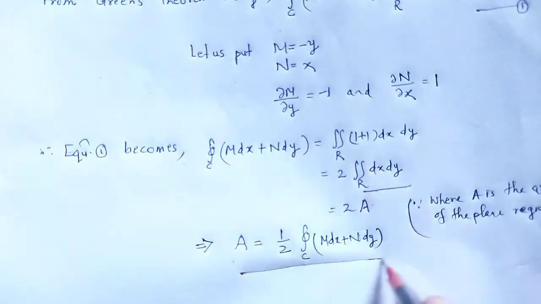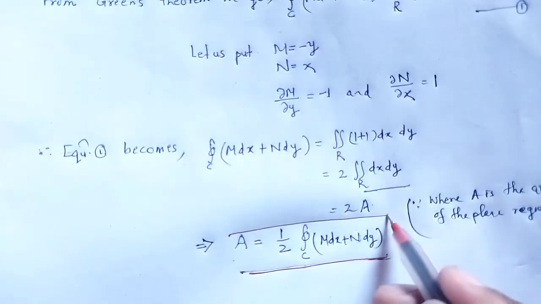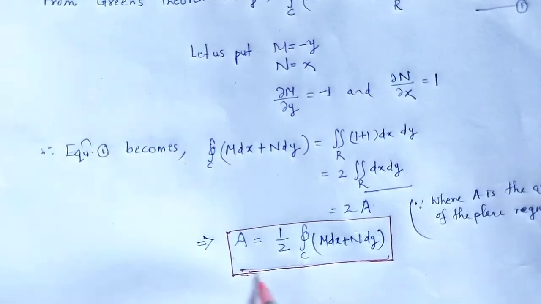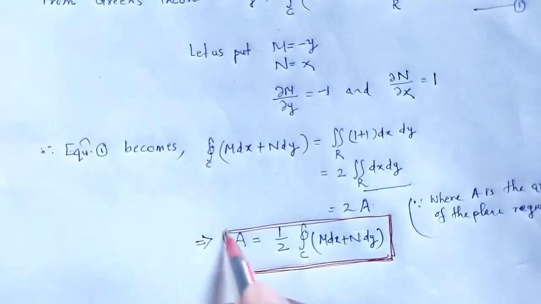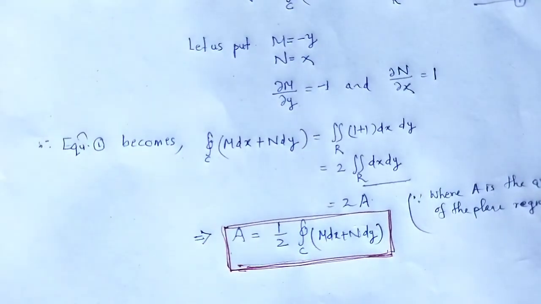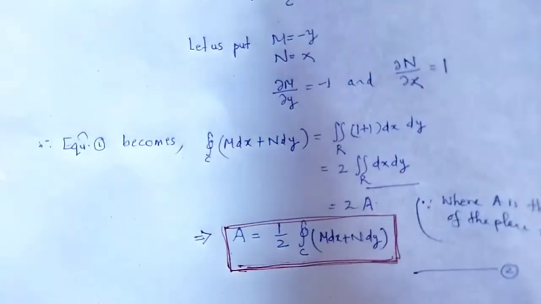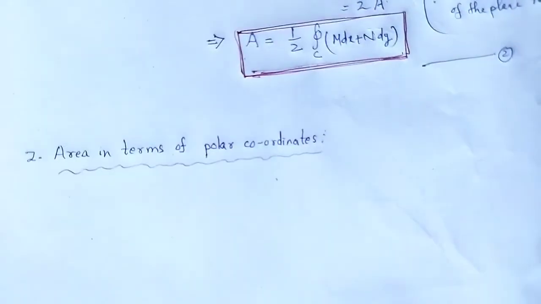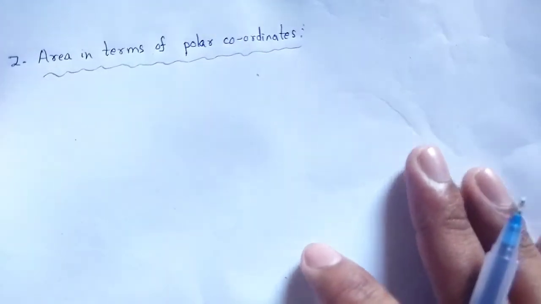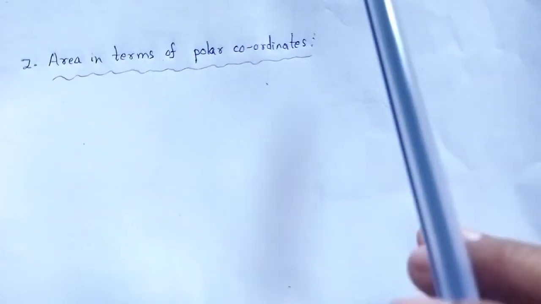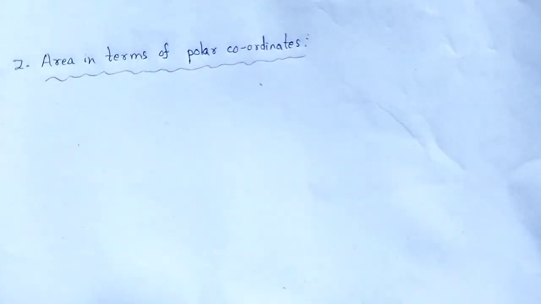This one is the formula for the area by using Green's theorem, equation 2. Now another application of Green's theorem, that is area in terms of polar coordinates. This one is the area in terms of Cartesian coordinates x and y.